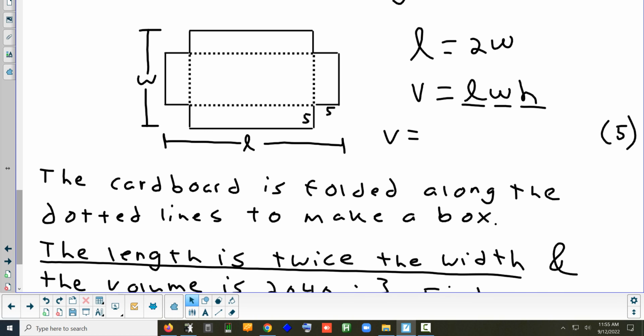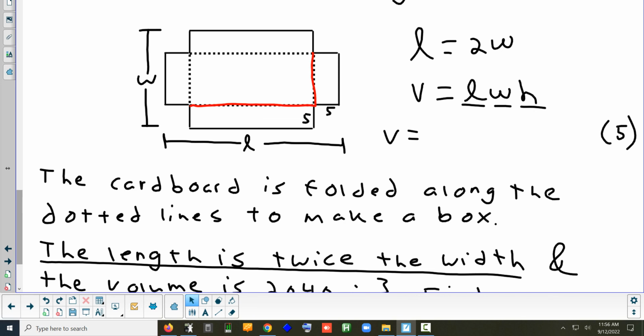So in terms of our original length, how much did we cut off when we cut the corners out?